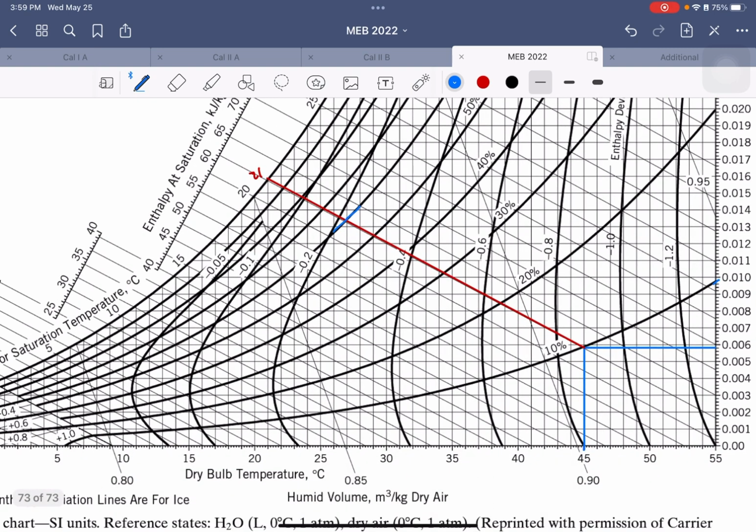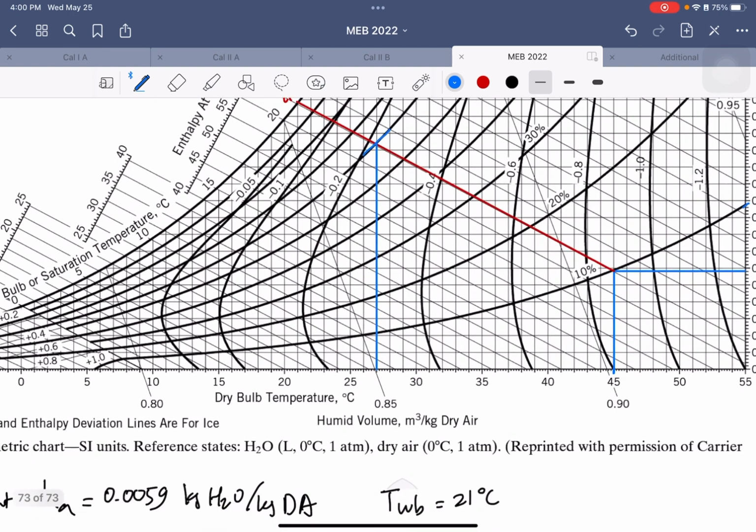So we could get another intersection through here, and that's supposed to be around 27.